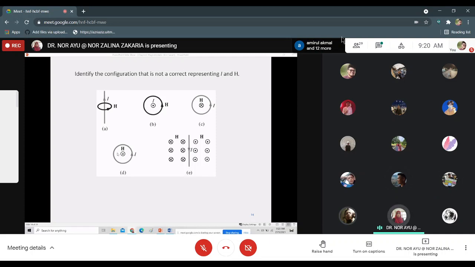Sebab again, using your right hand rule, you see your current is going that way. So your magnetic field is going upwards. Betul tak? Tengok symbol. So your magnetic field is going upwards. Okay, so this is symbol for upwards. Alright, so the last one, is it betul atau salah?